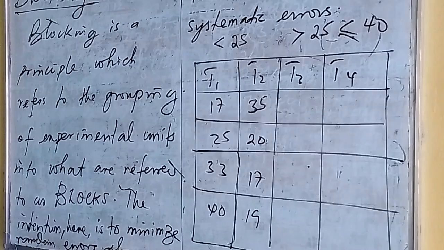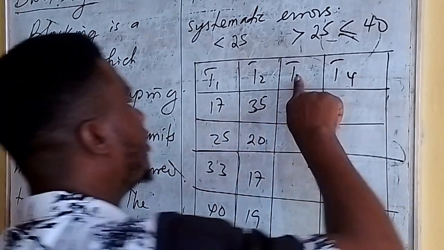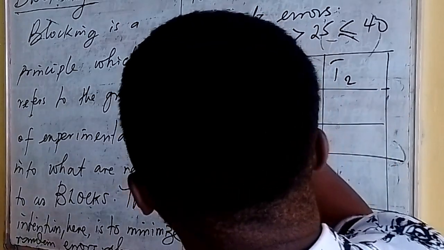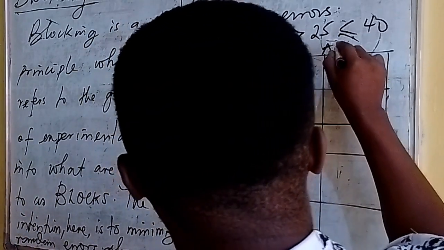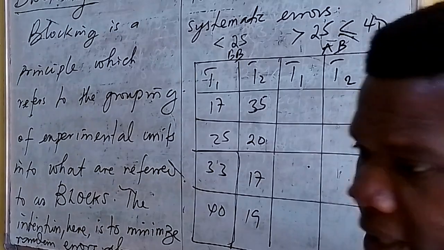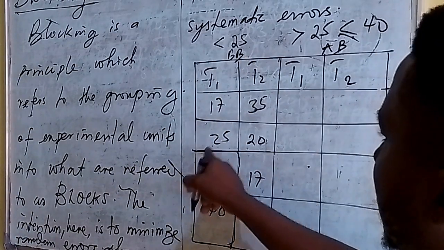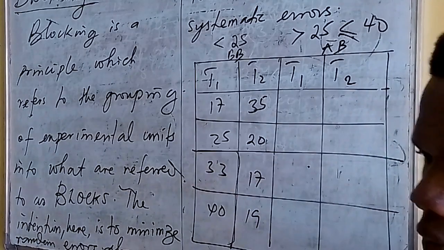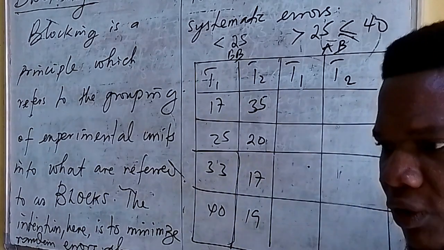And the whole essence of blocking is to put the observations, the experimental units in a particular treatment, in what we call blocks. Is it clear? So it could also be a means to minimizing random errors. Okay? So let's consider this now in particular. There were 2 treatments. Let's consider this as before blocking and after blocking based on this yardstick. Before blocking, this was 17, 25, 33, 40. Experimental units assigned randomly to treatment 1 and experimental units assigned randomly to treatment 2.